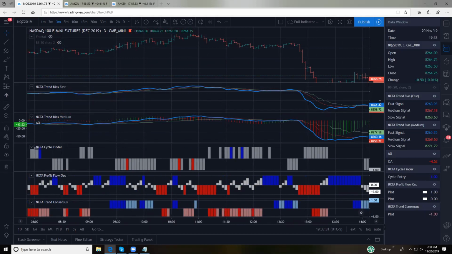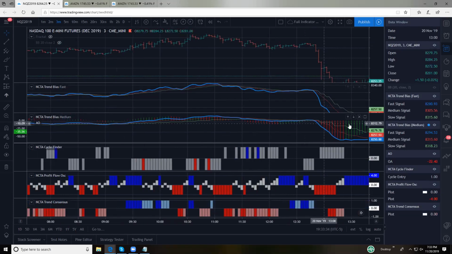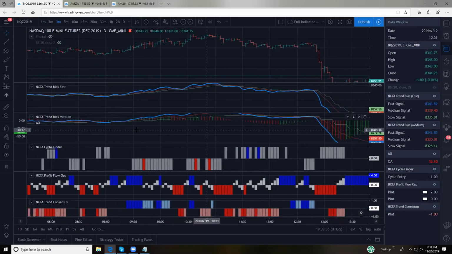But here's the thing that we've also refined. At 9:30, we can see that we have that alignment, but we can also back up in time and see that that alignment actually was created at 9:24. So at 9:24, we can see that we could have gone long on a futures contract. Typically, what we are doing these days is we are waiting for the first full cycle that begins after 9:30.